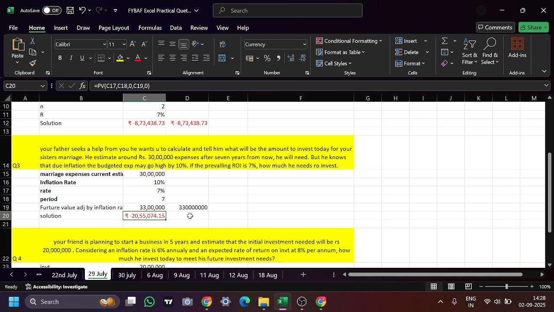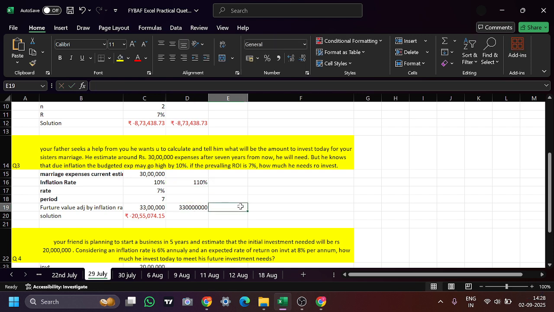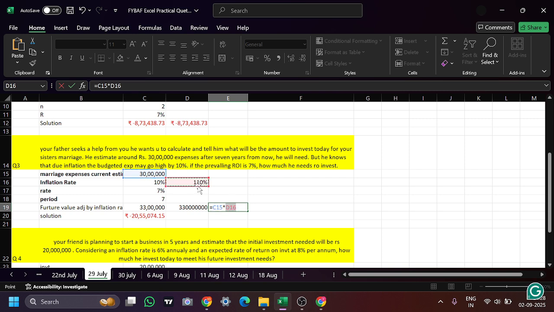Again, the future value adjusted against the inflation. To calculate this, we have 30,000 as the marriage expenses and the inflation rate is given. Now this inflation rate we are going to convert. It is 10%, so 100 plus 10% will be 110%. Done. Now to calculate this future value adjusted against the inflation, we have this formula equal to this value into this.